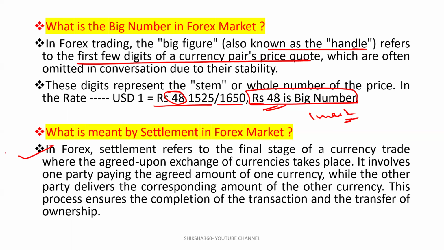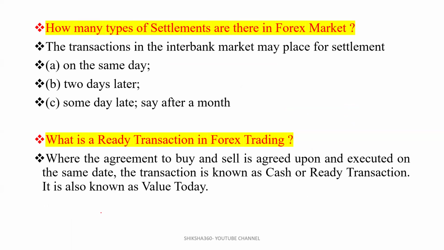It involves one party paying the agreed amount of one currency while the other party delivers the corresponding amount of the other currency. So this process overall ensures the completion of the transaction and the transfer of the ownership.